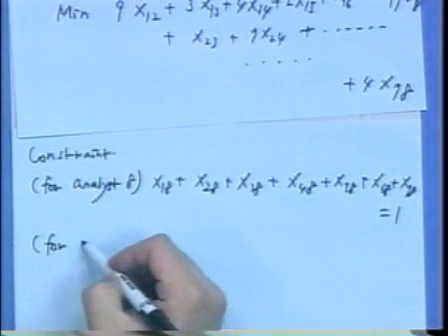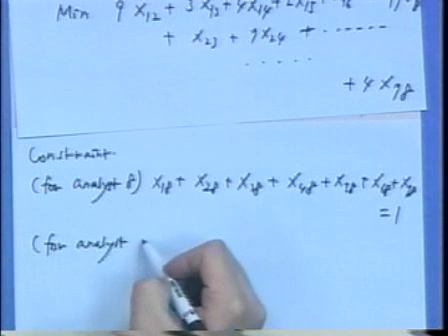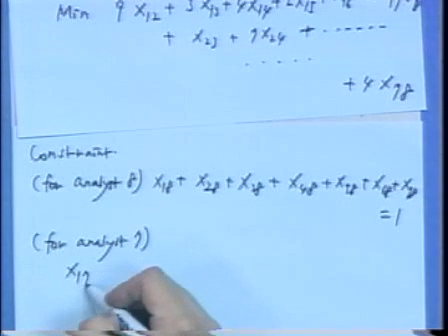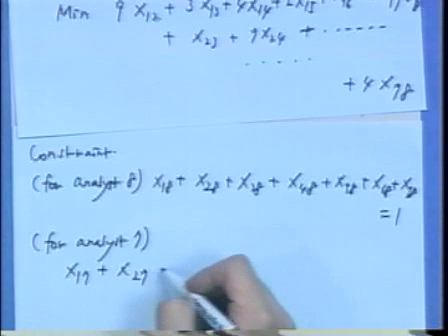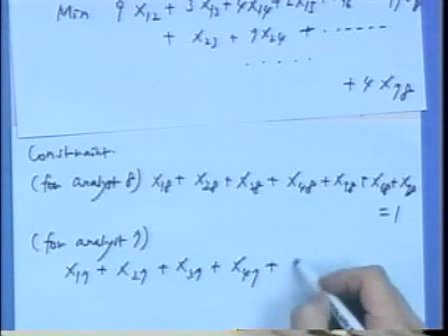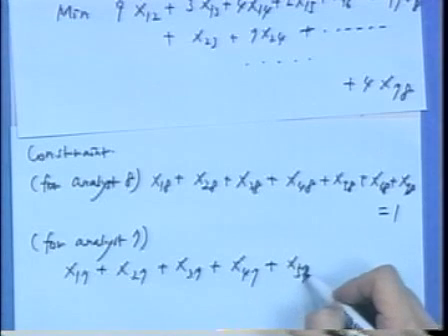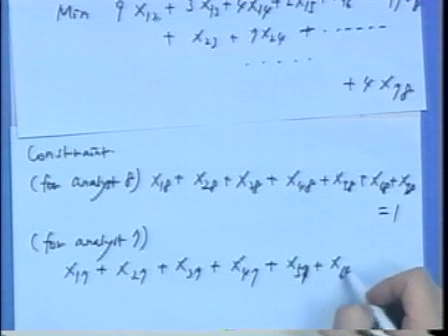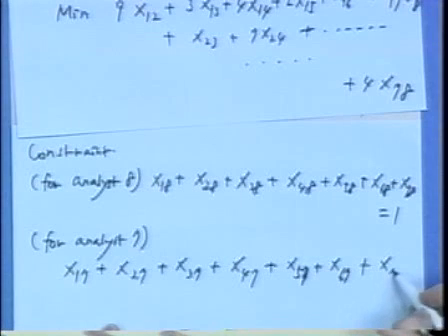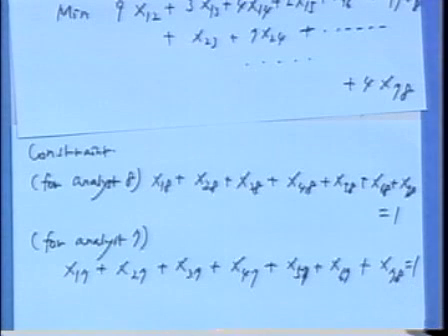And for analyst number 7, it's going to be x17 plus x27, x37, x47, x57, and x67, and x78 equals 1, right?